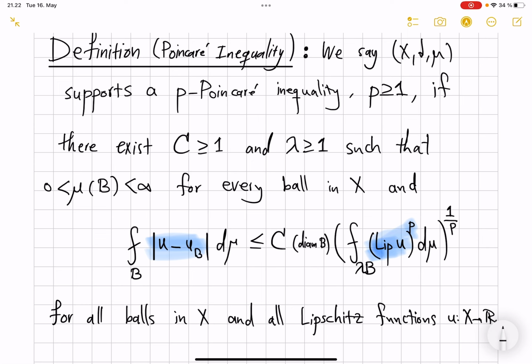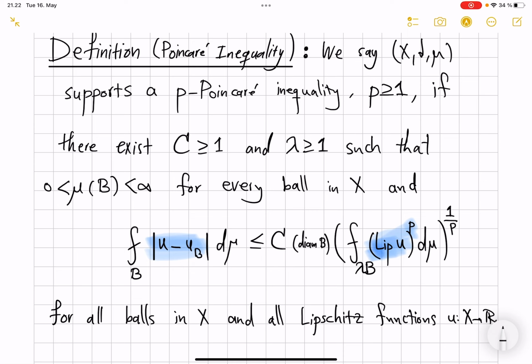And the nice thing is that in nice spaces, under not too restrictive assumptions, you do obtain the equivalence that, okay, if you have Poincare working for all Lipschitz functions, you actually have it for all Sobolev functions.